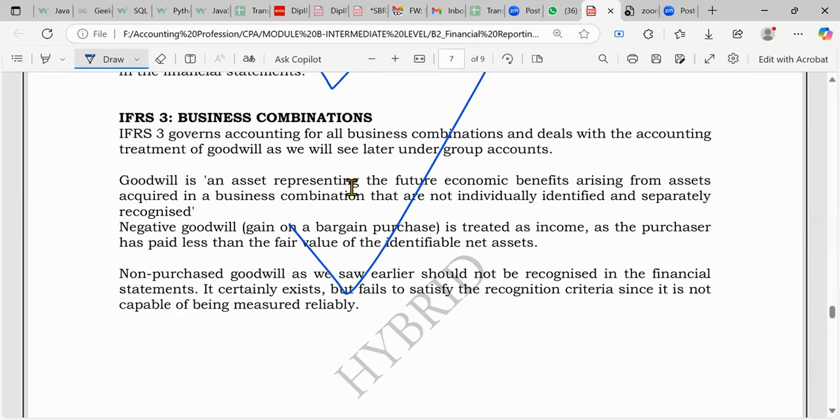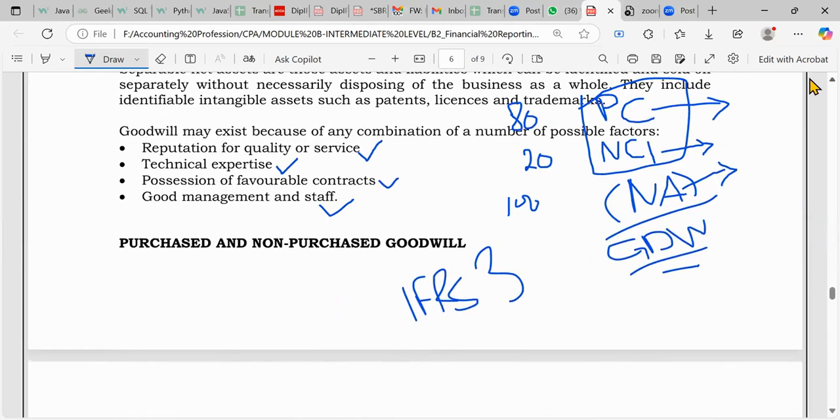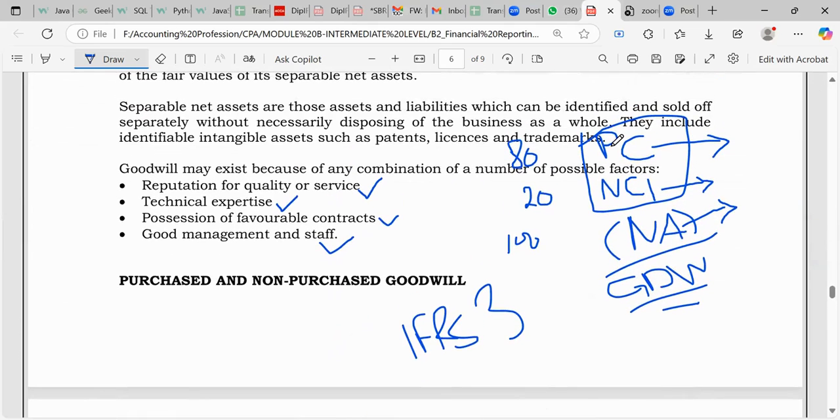Now about negative goodwill, you're going to see it. Presume that after taking this plus this minus net assets, you get something negative instead of positive. If you get something positive, it means there was an asset that you acquired unknowingly.